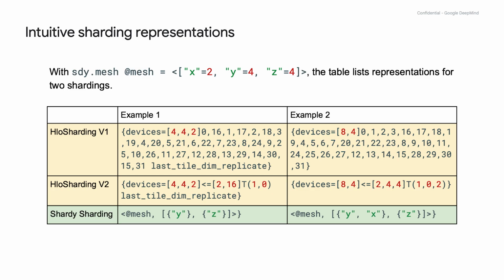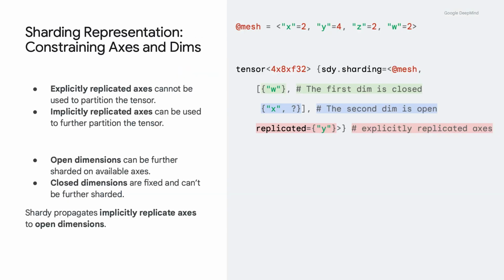We also provide much more fine-grained control for users to annotate shardings. This slide introduces that users can specify the source and target sharding axes by using explicit or implicit replicated axes, which is the source of the sharding propagation.